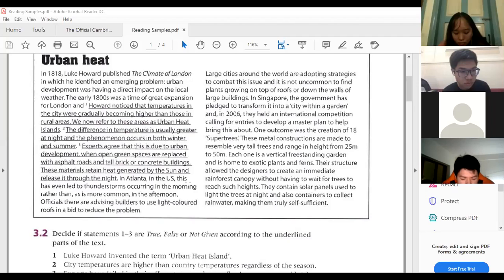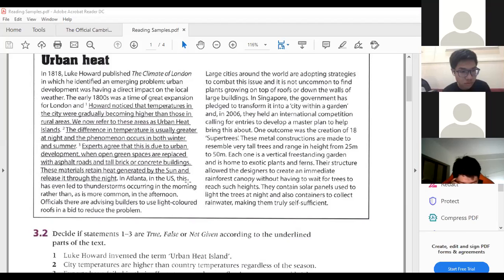So Lane said not given, Mo said false. What do you think, Main? Number 4, true, false, not given. What do you think? I guess Main is away. Okay, Rajara then? Rajara, what do you think, number 4? Yes, I think it's false.